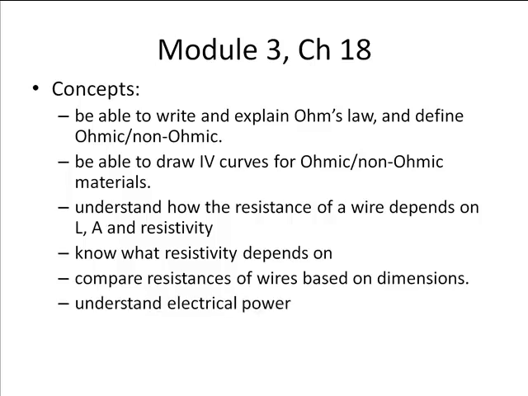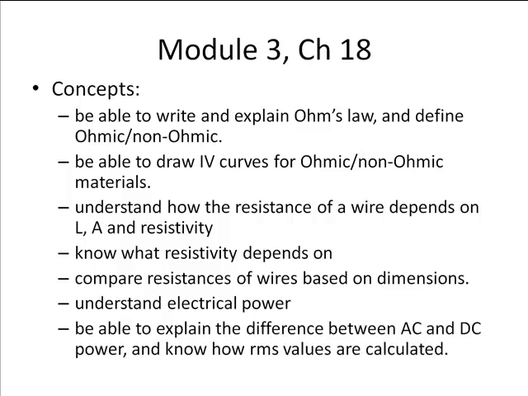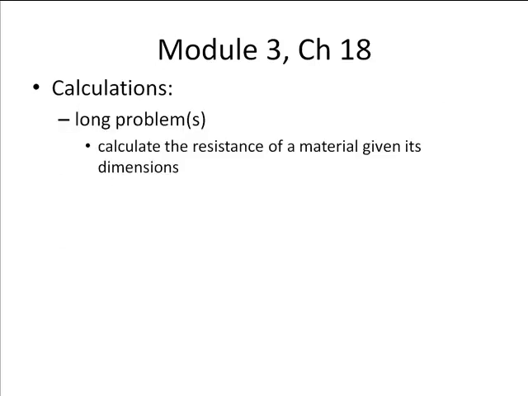You need to understand the concept of electrical power, how it increases with current and with voltage. And you need to be able to explain the difference between AC, alternating current, and DC, direct current power, and know how to calculate the RMS values for AC. What kind of calculations are there?